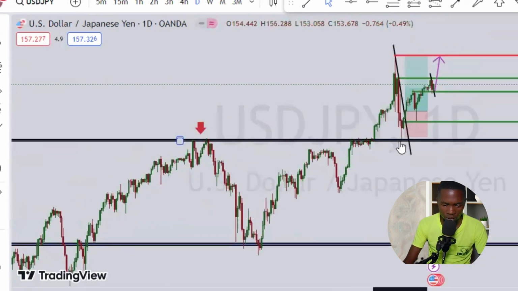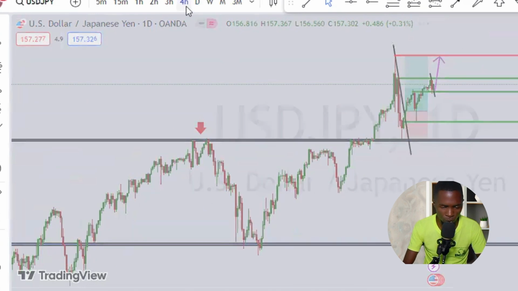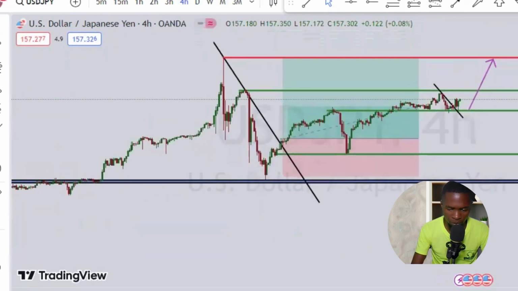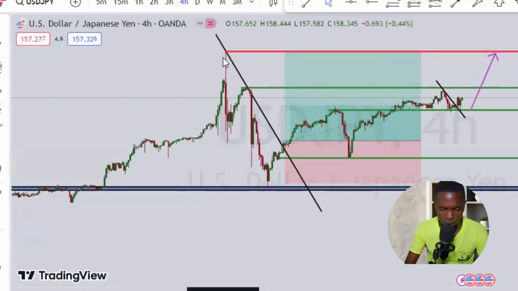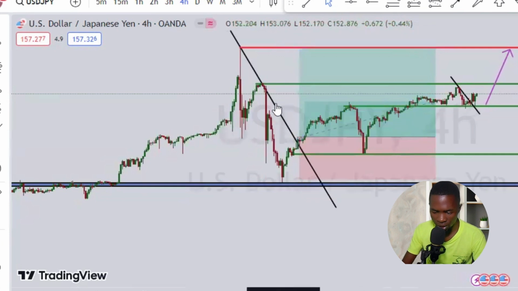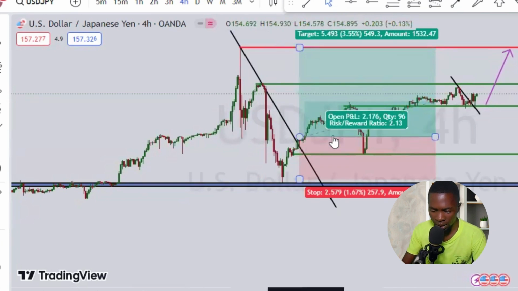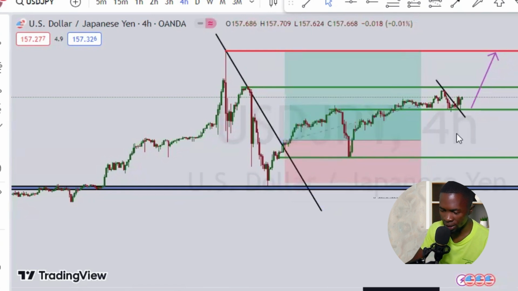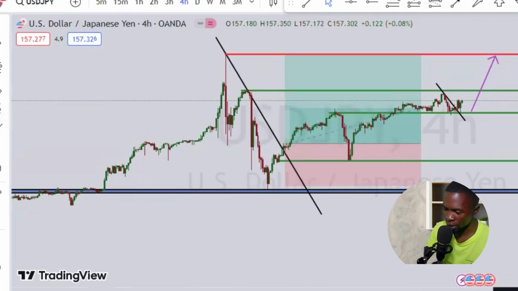After the market formed another support, I went to the 4-hour time frame. On my 4-hour time frame, I drew my counter trend line around this place. This was my counter trend line. Immediately the market broke my counter trend line. I entered the trade around this place and the trade moved very well.